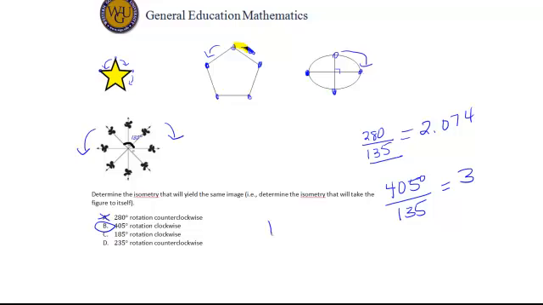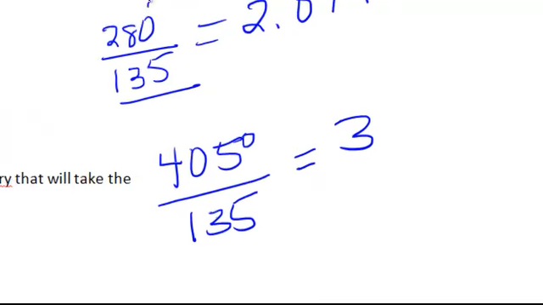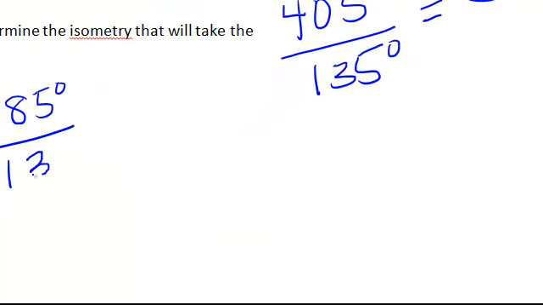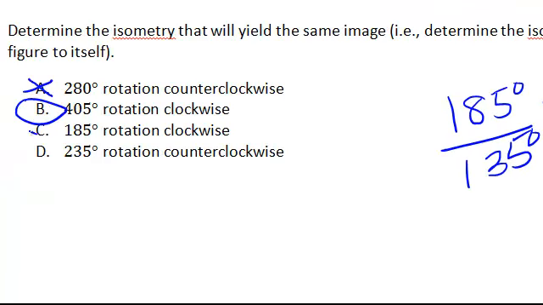But let's check these out. So we have 185 degrees, and we divide it by 135. We know right away just from looking at this that we're going to get some kind of decimal, and we do: 1.37 and so on. It's rounded, so that one doesn't work.